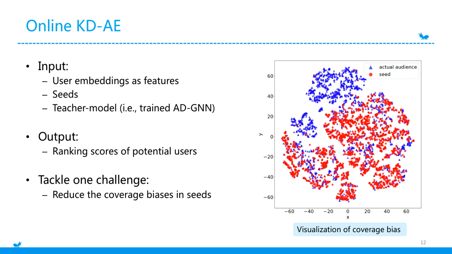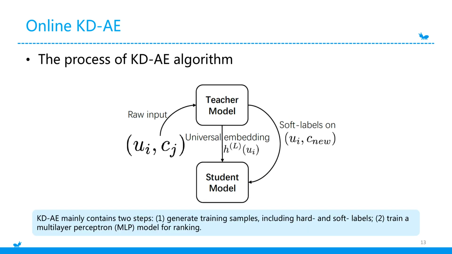The distribution of the seeds in red circles cannot cover the distribution of the ground truth audience in blue triangles. Note that we draw this 2D figure using t-SNE from embeddings of seeds and ground truth audience.